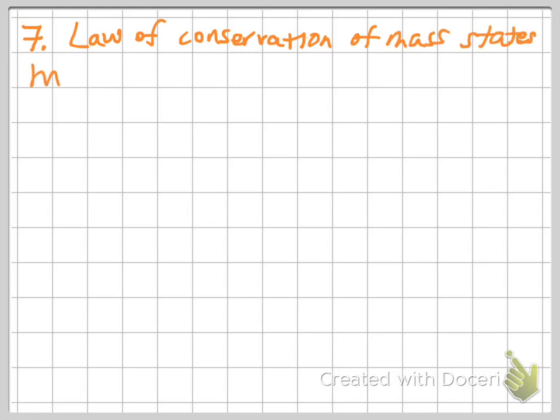Question number 7 says, explain the statement, mass and atoms are conserved in every chemical reaction, but moles will not necessarily be conserved. The first part of that, mass and atoms are conserved in every chemical reaction. That's because that's the law of conservation of mass, right? So the law of conservation of mass states that mass and atoms are conserved.